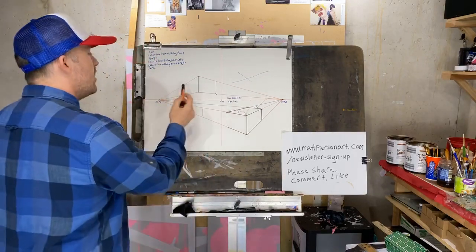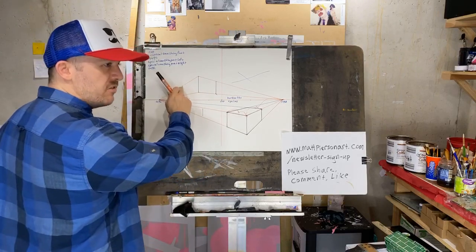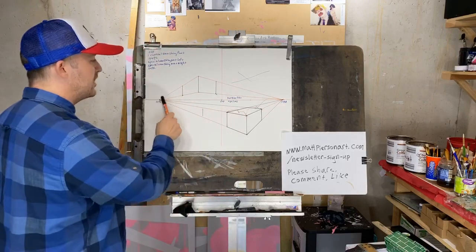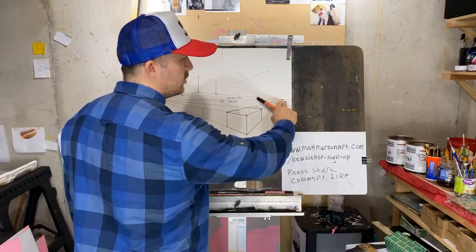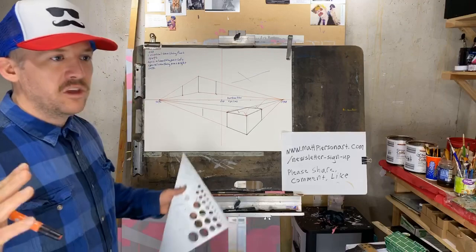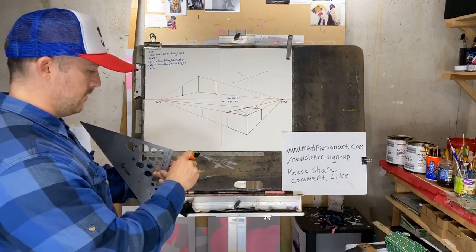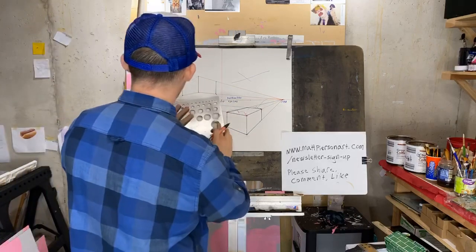And since this left back edge of the object is closest to the left vanishing point, it's going to go to the right vanishing point. So it's basically crisscrossing. It's going the opposite direction. Okay?